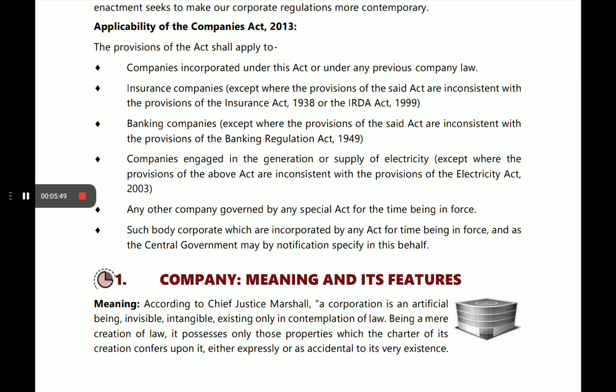Companies engaged in the generation or supply of electricity, except where the provisions of the above Act are inconsistent with the provisions of the Electricity Act 2003.